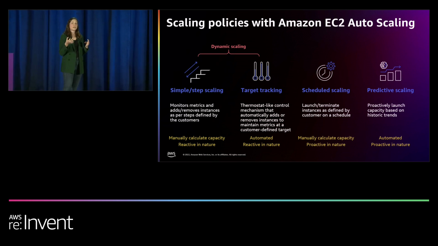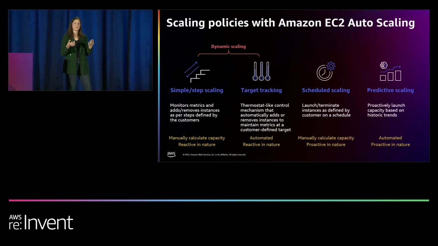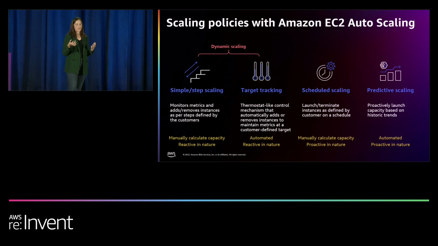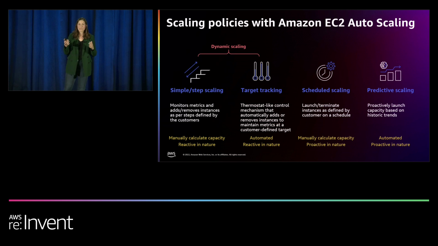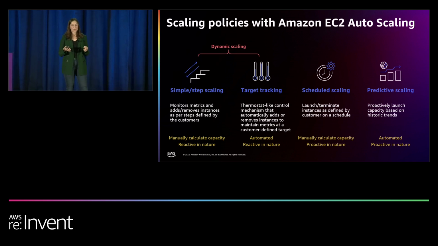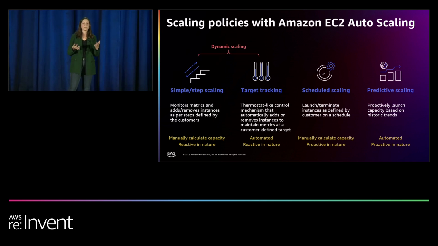So there is a trade-off between proactively and reactively scaling. The trade-off is between performance and cost. Scheduled and predictive scaling will be useful when there is a predictable traffic pattern, some historical pattern that can impact what is going to happen in the future.